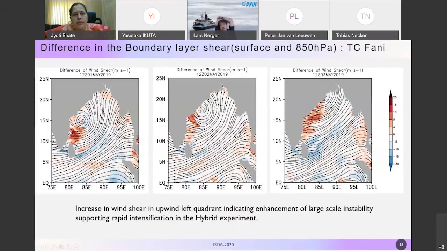Now, the large-scale instability is also very important in cyclone formation and its intensification. So we have seen the boundary layer shear, which helps in enhancement of the large-scale instability. This is for tropical cyclone Fani. We can see there is an increase in wind shear in the upwind left quadrant, which shows the enhancement of wind shear and increase in the large-scale instability, which supports the rapid intensification of the cyclone in the reanalysis dataset.